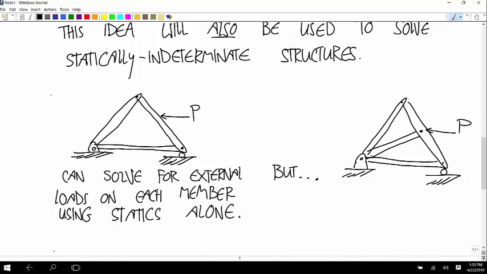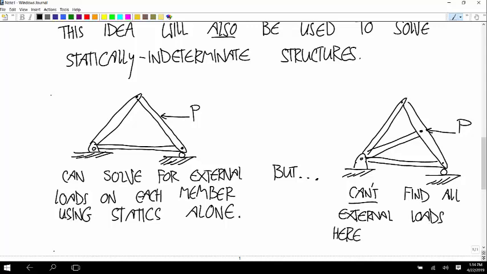But if you tried to solve this using statics, you couldn't solve for all the external loads in that body using statics alone.